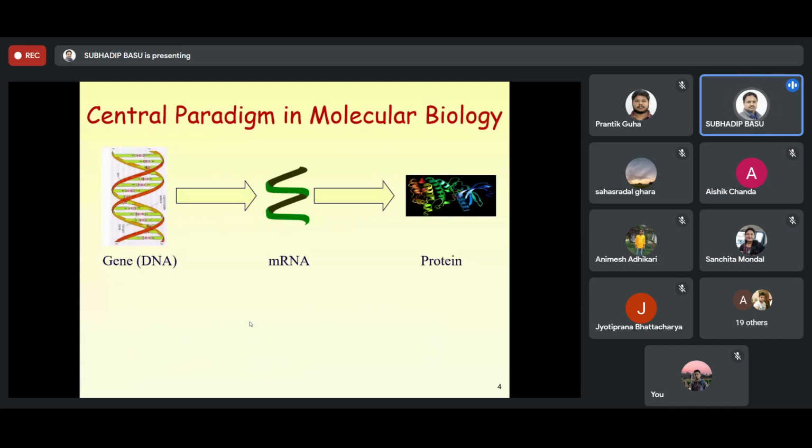What is the central paradigm or central dogma of molecular biology? As I have already said in the last class, and also showed you some video, I'll share some more video links, and I'll share all the slides with you beforehand. You should be able to see how this actually happens: from the chromosomes that unfold in the form of a DNA strand, and in the DNA strand there are certain regions as genes.